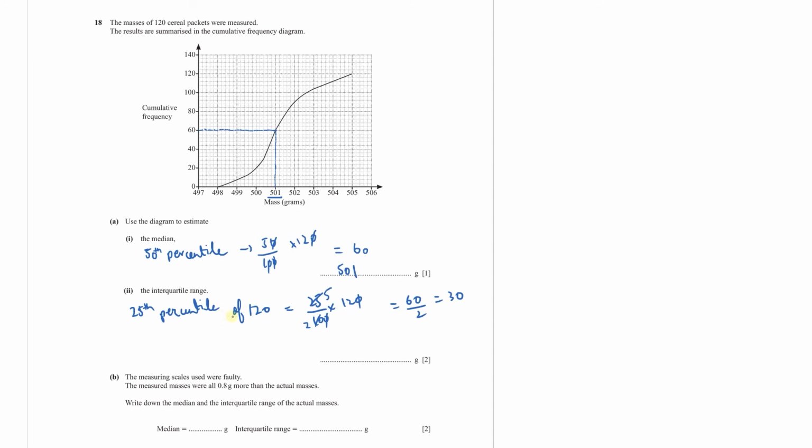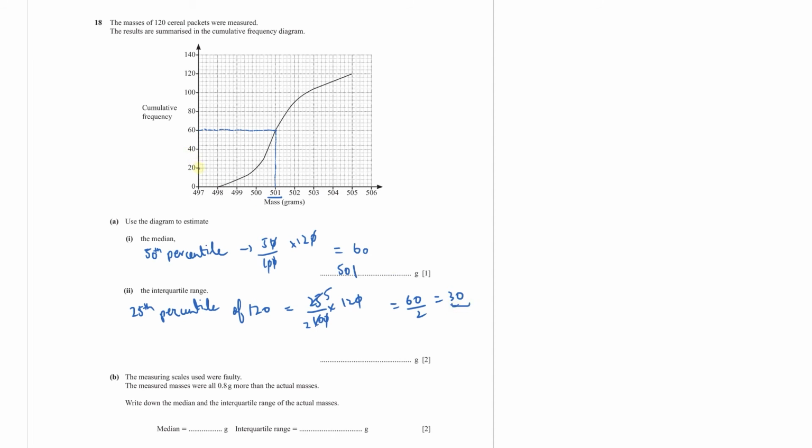So the 25th percentile of 120 is 30. Then your lower quartile Q1 will be the value at the cumulative frequency value of 30.